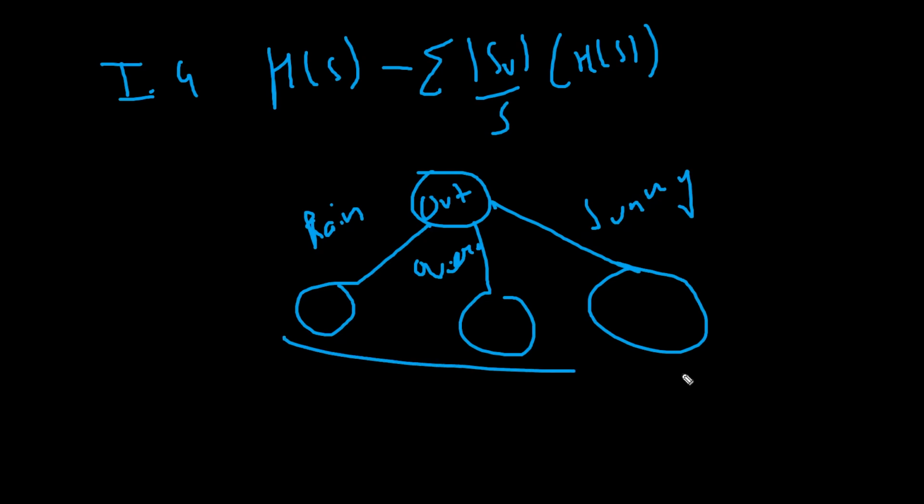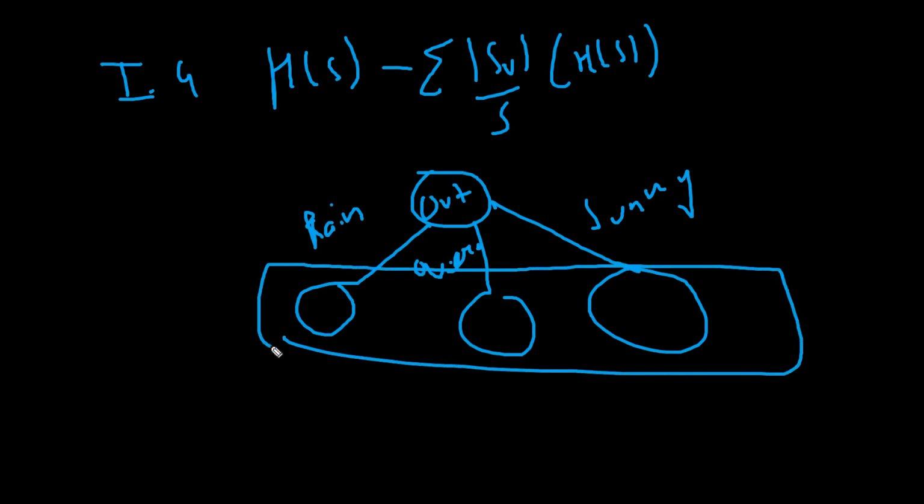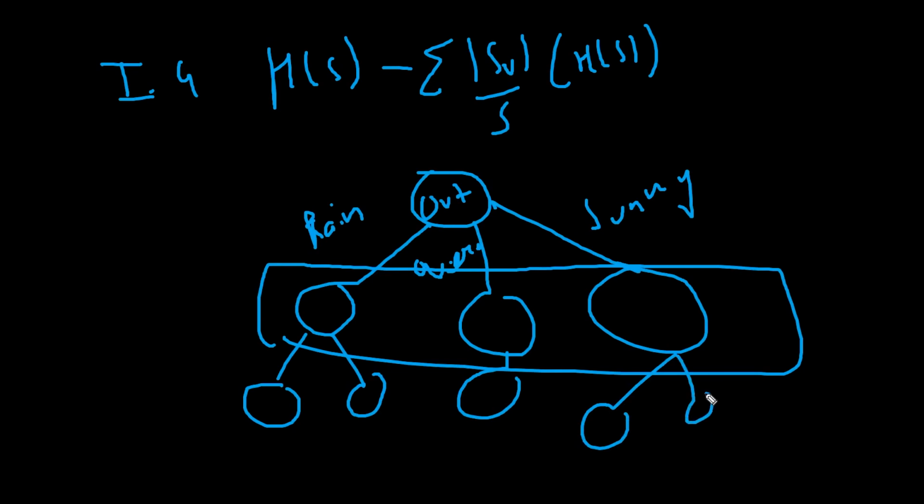Now we select each node as the main node and repeat the same process we did here, splitting it again. But this time we are not going to consider outlook as a factor, because we have already split on that. Similarly we do this here, and similarly here.